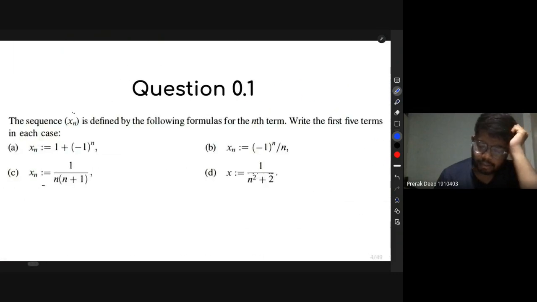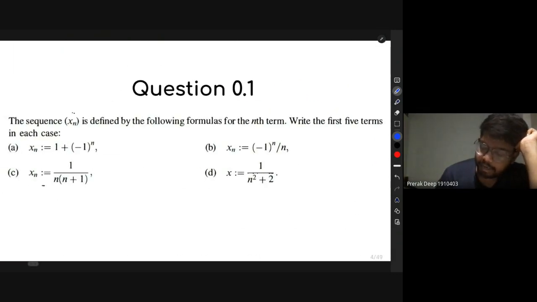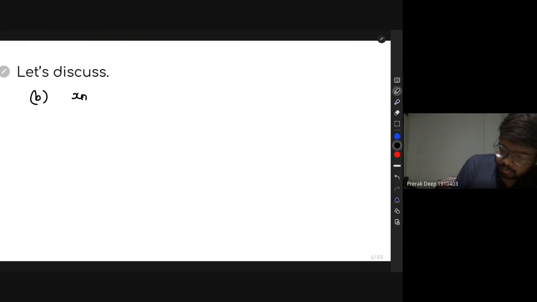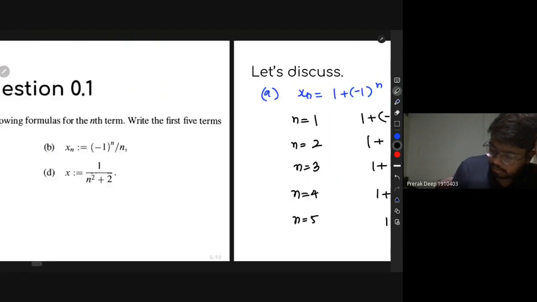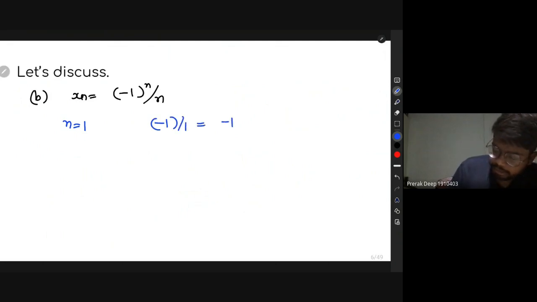Now what is the second sequence? The second sequence is given to be (minus 1) to the power n divided by n. So let's find out the first five terms. When n equals 1, it is minus 1 divided by 1, which is minus 1.